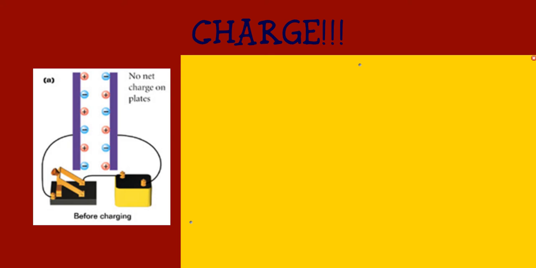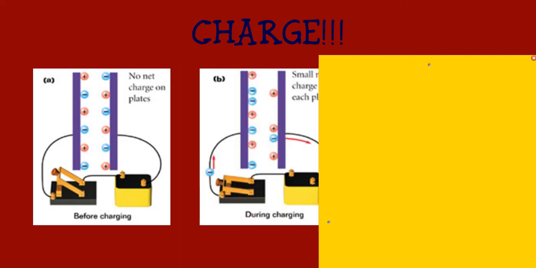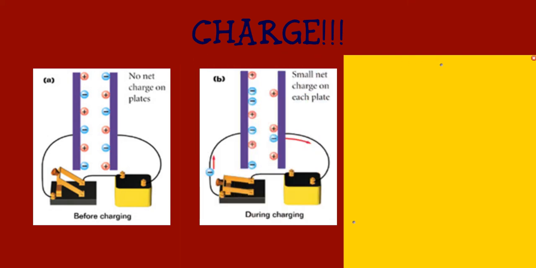Right now they're neutral, and you'll see that they are connected to a battery and a switch. Right now that switch is open, meaning that there's no complete path for the charges to move. During the charging process, we close that switch, and the battery provides energy for electrons to leave one plate and travel around the circuit to the other plate, as you can see in the second picture here.